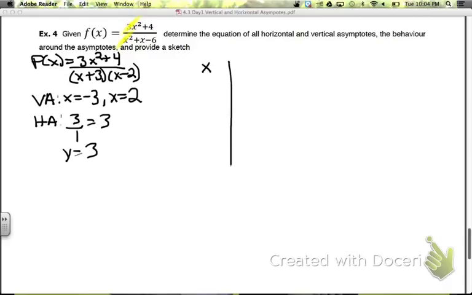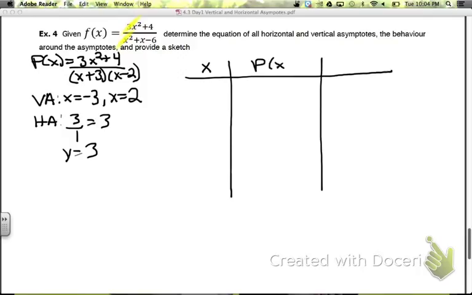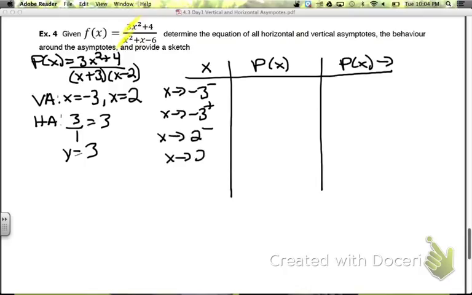So now we're going to look at our behaviors. As x is approaching our asymptotes, we're going to look at what our function is going to be approaching. So looking at as x approaches -3 from your negative side and your positive side, and as x approaches 2 from your negative side and your positive side, and then again look at as x is approaching negative infinity and positive infinity.